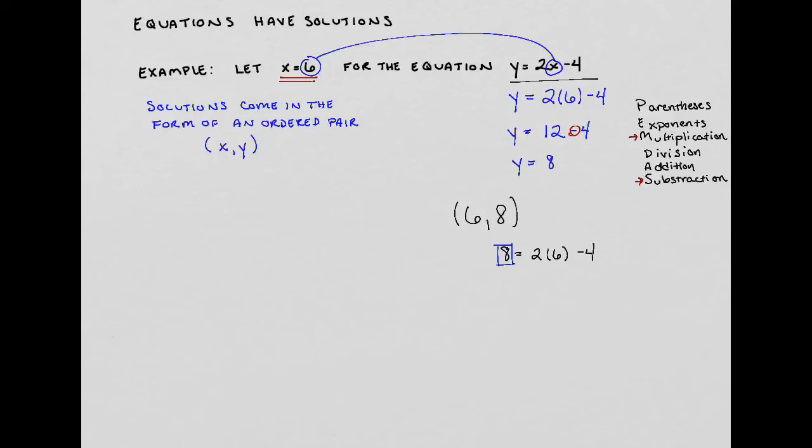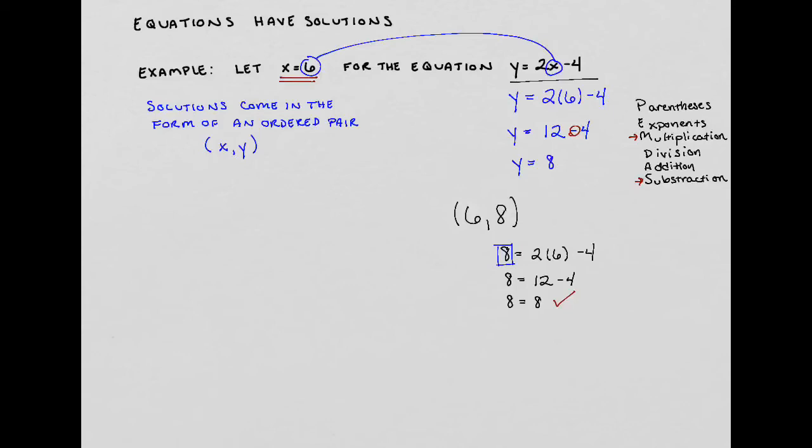We're just going to leave that be. If we start cleaning that up, order of operations says to do the multiplication, which gives me 12. And then I have 8 is equal to 12 minus 4, which is 8. This gives me a true statement. As underwhelming as it might be to find the statement 8 is equal to 8, this is what we want to see.